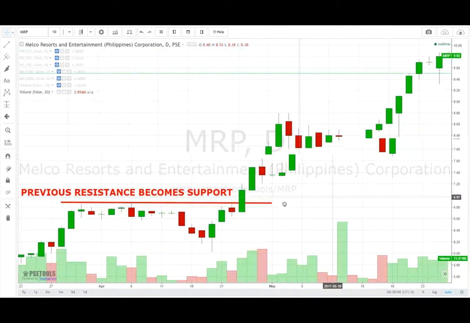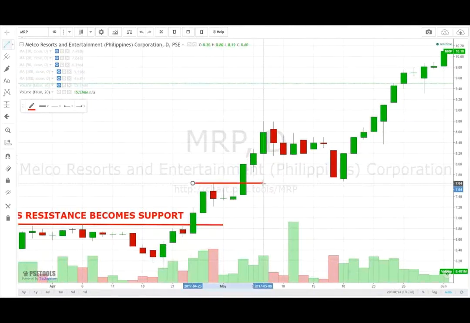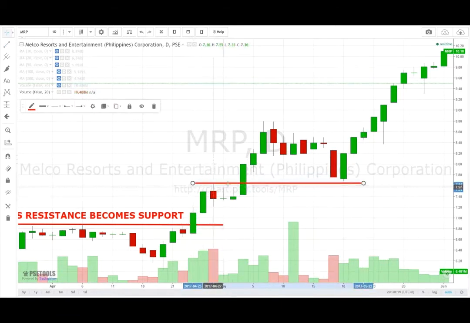Let's look for other resistance. Here, right? There's resistance and it broke. If you extend this, you can clearly see the resistance was broken out with lots of volume.